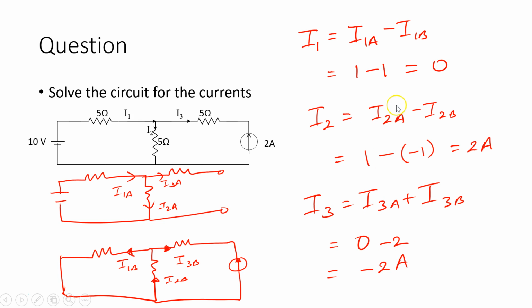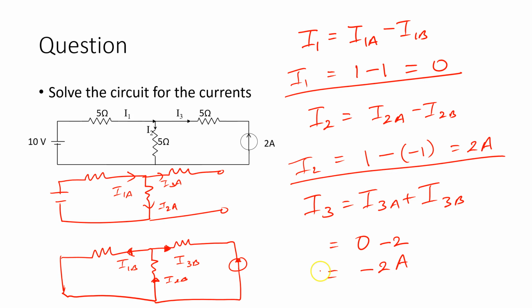Good. And then we have I1, I2, and I3. So from this we could see that we have no current flowing in I1, and we have the 2 amps here, which is I3.